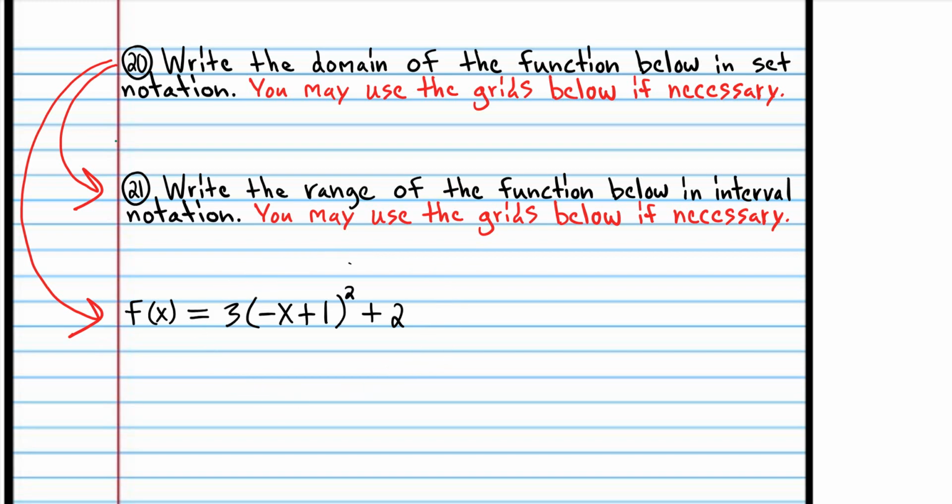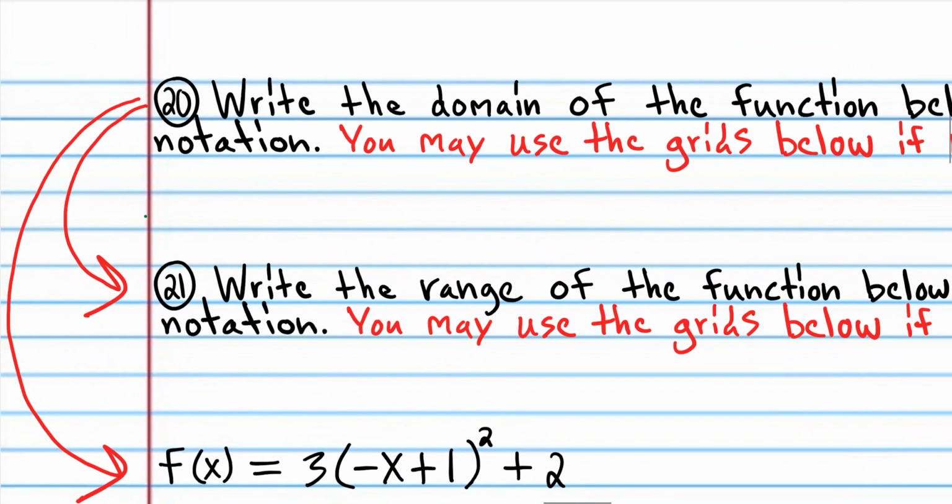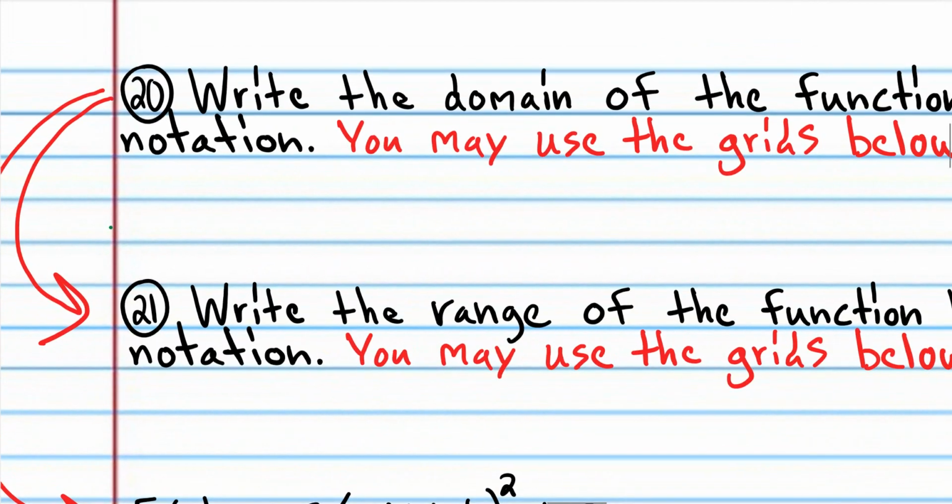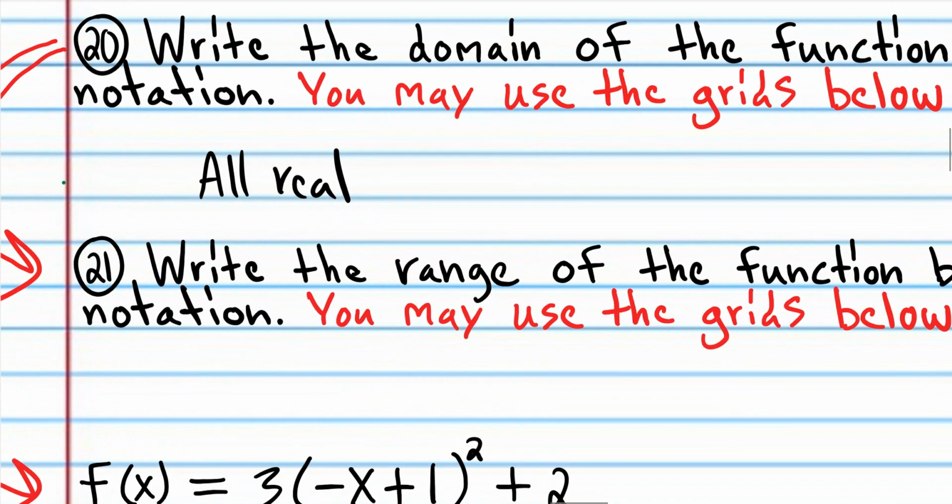We don't have fractions with variables in the denominator, and we don't have any logarithms. So there really are no restrictions for the domain. In set notation, we say the domain is the set of all x values such that, actually we don't even need that. Remember, when your answer is all real numbers, in set notation we just say all real numbers. Set notation doesn't really apply in that situation.